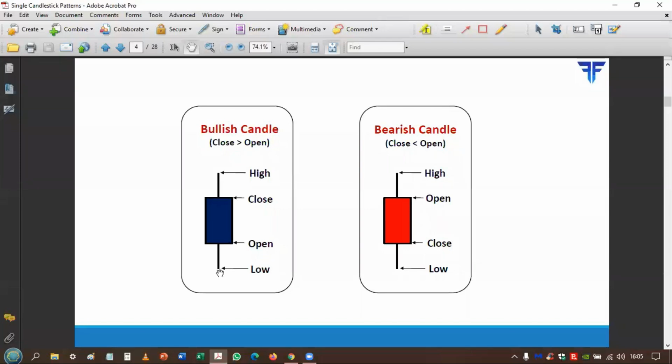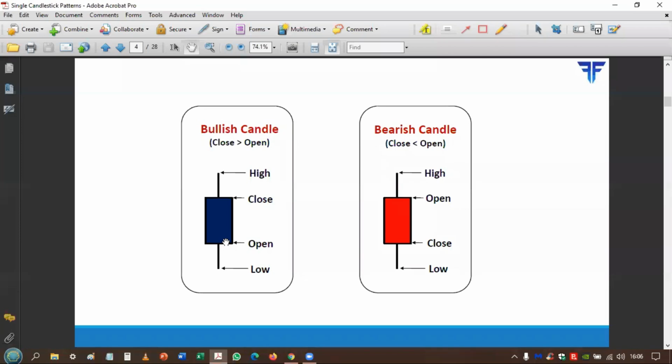The bottom of the candlestick, which is the bottom of the lower wick, represents the low for a specific period. The top of the body could either represent the close or the open, while the bottom of the body could represent either the close or the open.